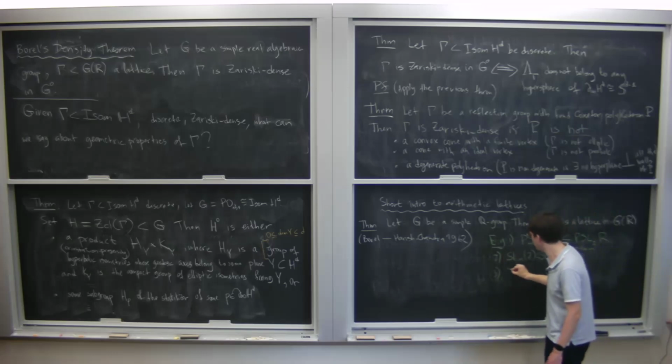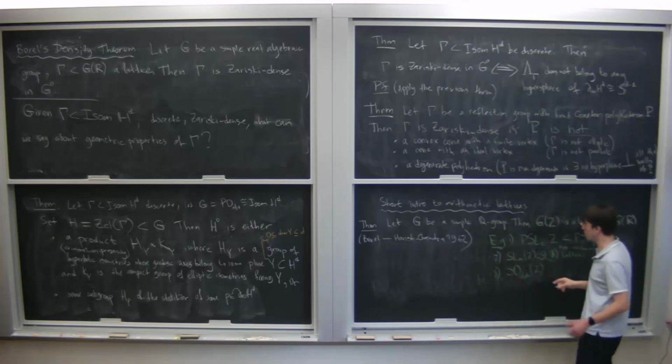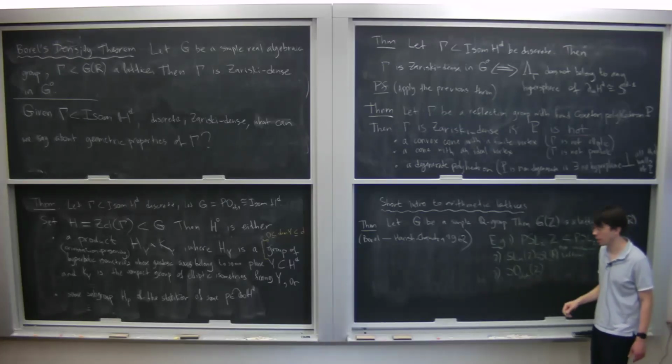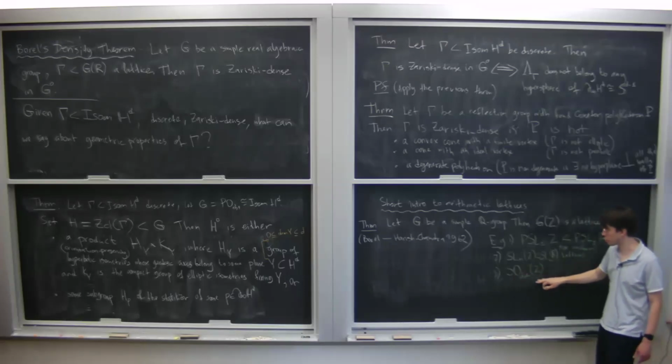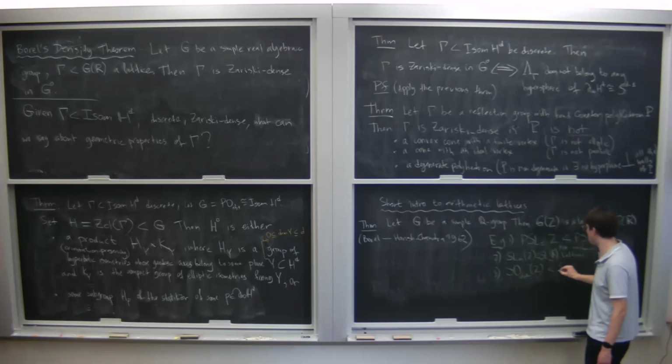I can just take any SO(n,1)(Z). I can just take the standard diagonal quadratic form with coefficient -1 and +1 for the remaining ones, and the group of integer transformations preserving this quadratic form is still going to be a very nice lattice.